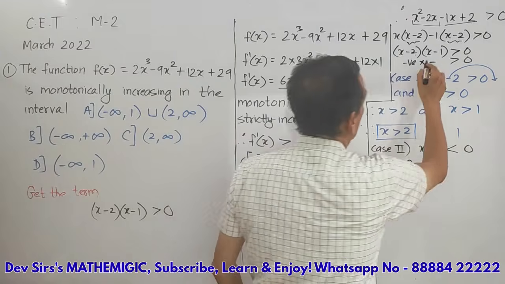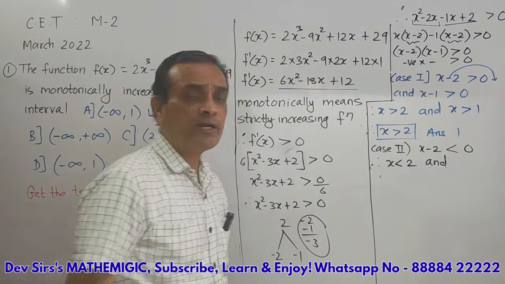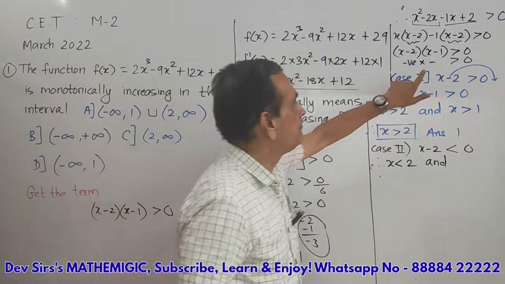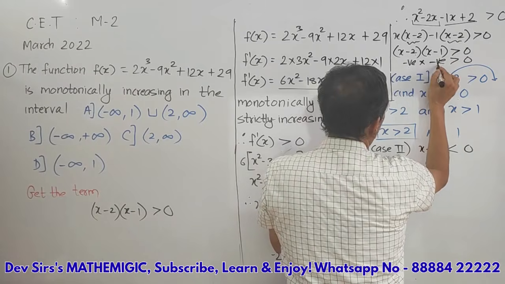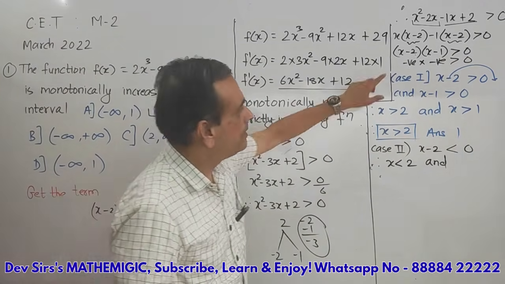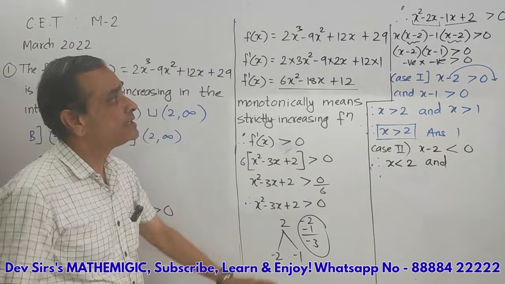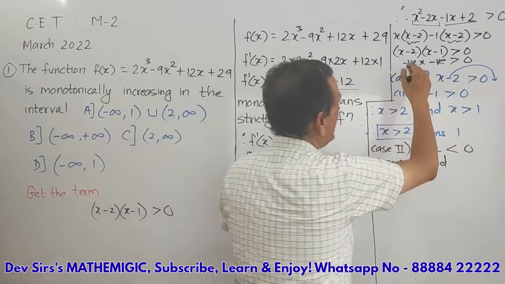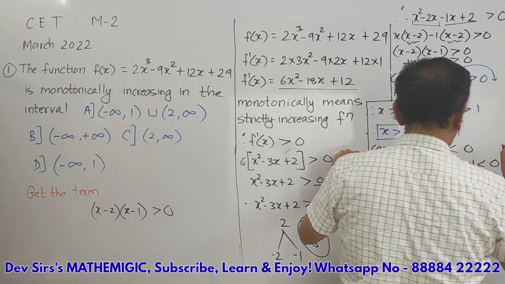and second bracket is also negative, friends, because negative into negative is positive, means greater than 0. Minus into minus is plus. Okay, so second bracket negative means x minus 1 also less than 0.